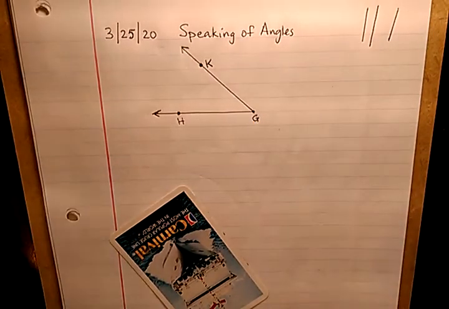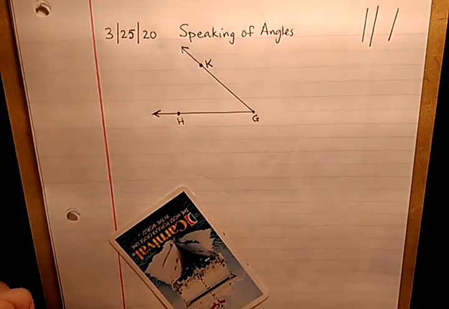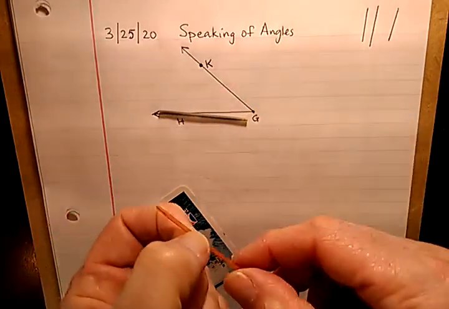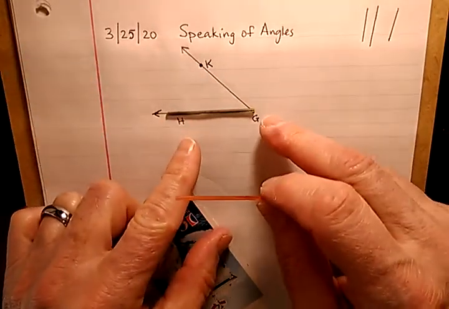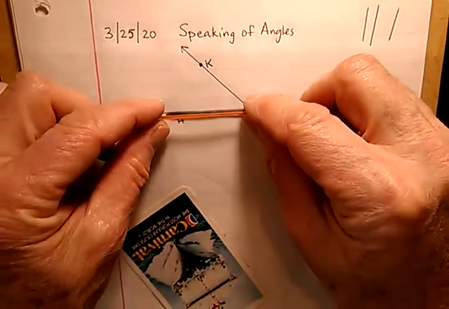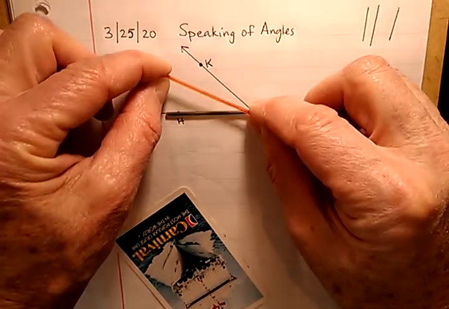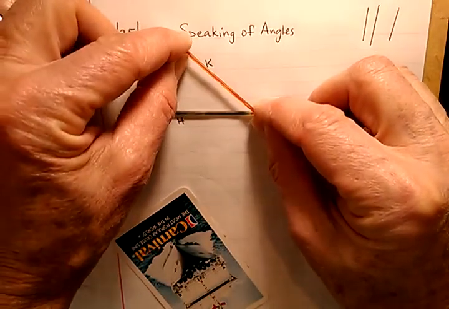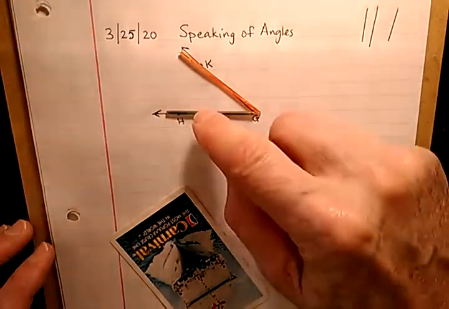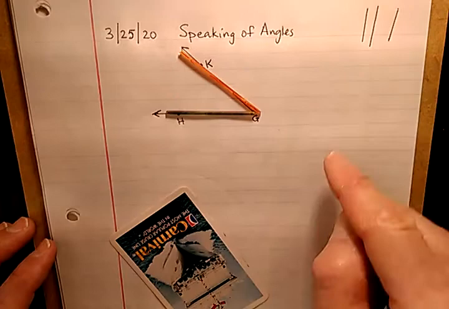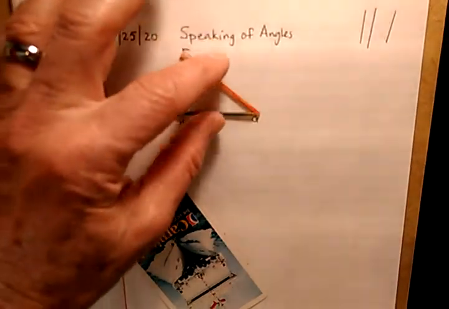And I want you to remember that an angle is formed when you have two rays that start at the same place. Like my blue ray right there is ray GH. And if I have another one that rotates like it's going around in a circle, but it stops right there for ray GK, that means it's rotated part of the way around a circle, but just a short part of it.